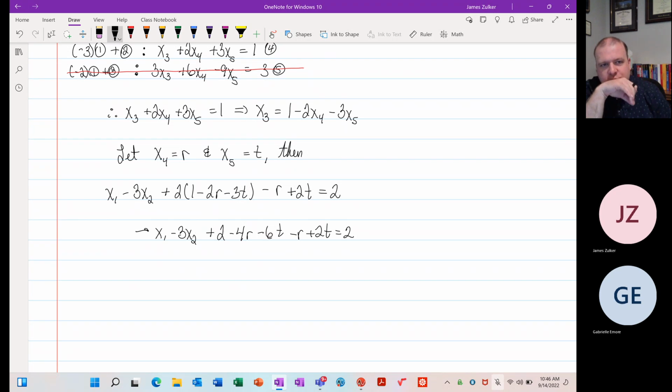All right, so we distribute the 2 through. Let's combine. So negative 4r minus r, that's going to be minus 5r. Negative 6t plus 2t would be negative 4t, right?